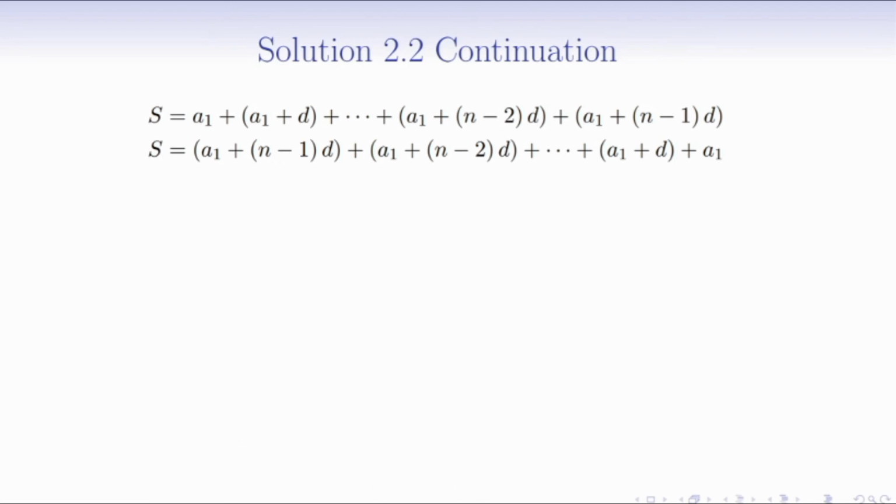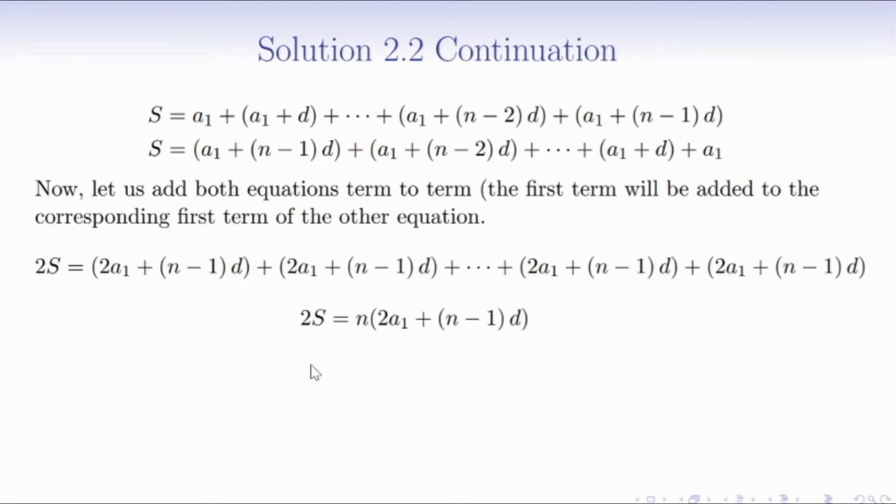Instead of starting with a sub 1, we start with a sub 1 plus n minus 1 times d, then a sub 1 plus n minus 2 times d. We can do this because addition is commutative in the set of real numbers.